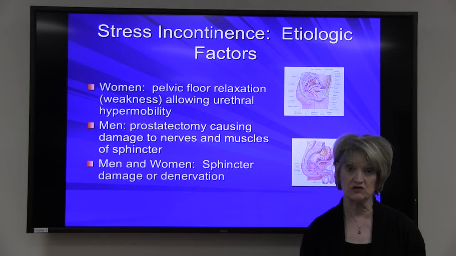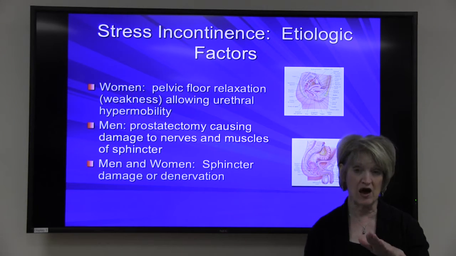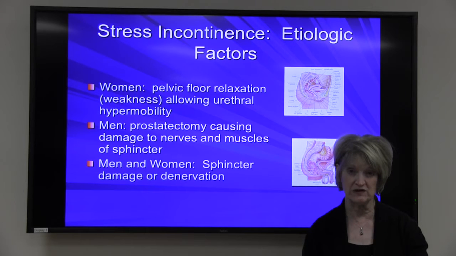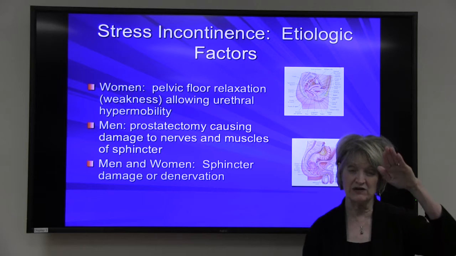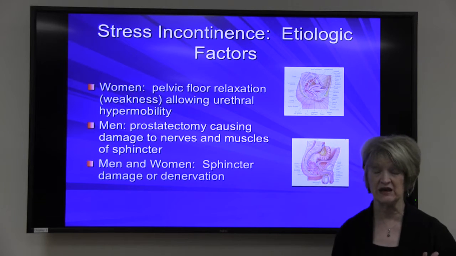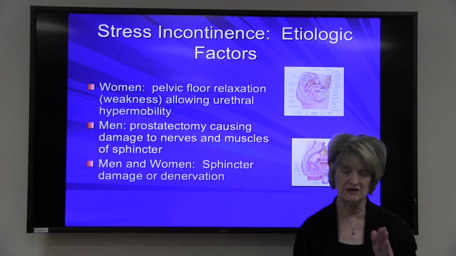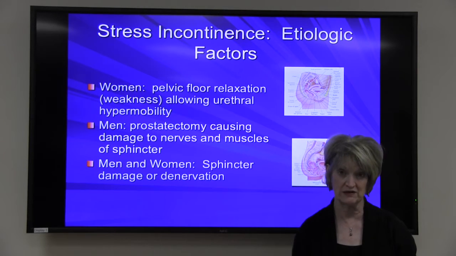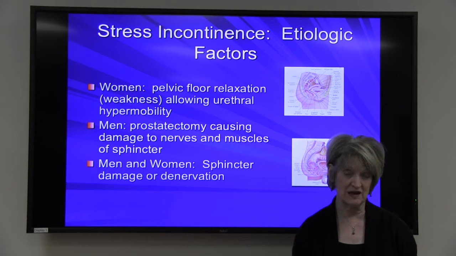Weak pelvic floor muscles are known as pelvic floor relaxation, meaning that you do not get good support for the bladder and the sphincter, and that when you cough or laugh or sneeze, the bladder and the sphincter move out of position, allowing leakage. We're going to come back to that. But I just want you to think, in women, the most common cause of stress incontinence is pelvic floor and sphincter weakness.